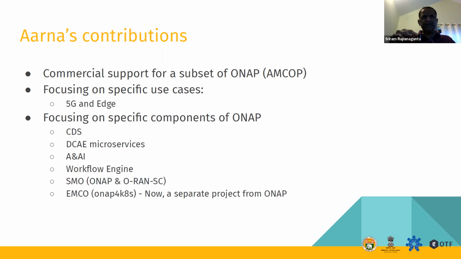Again, I will not go into the detail, because unless you are familiar with ONAP projects, you may not be familiar with it. But essentially, these are the projects that you see in ONAP that we are actively participating in. We contribute, and we also use them. We support them as a commercial distribution. So if somebody wants to productize it, they can come to us, and we provide a commercial distribution.